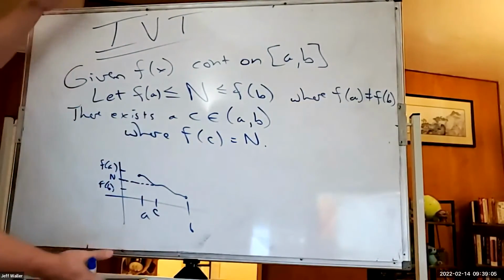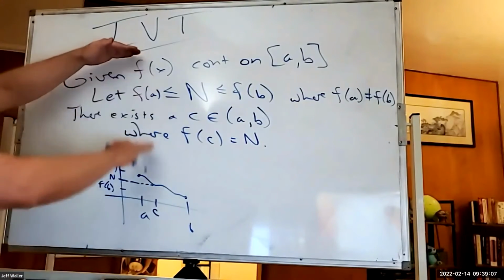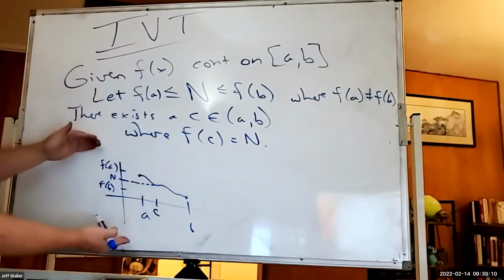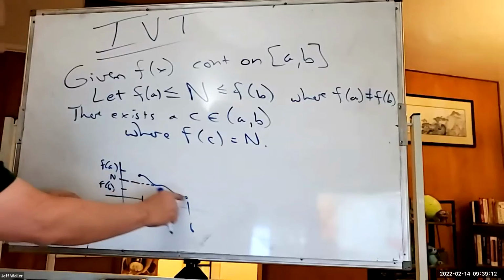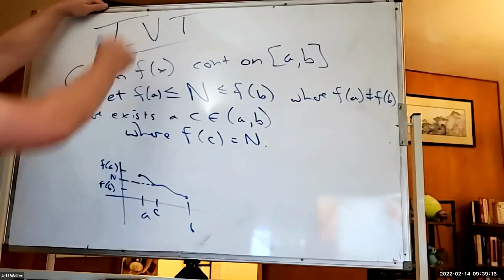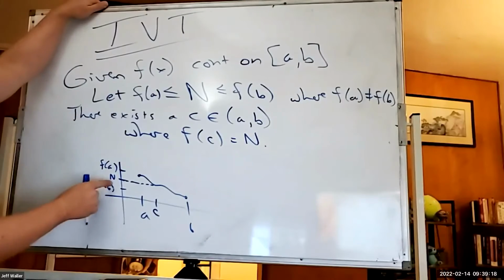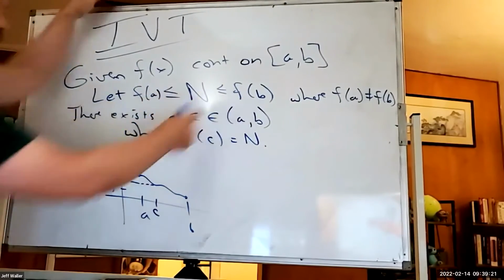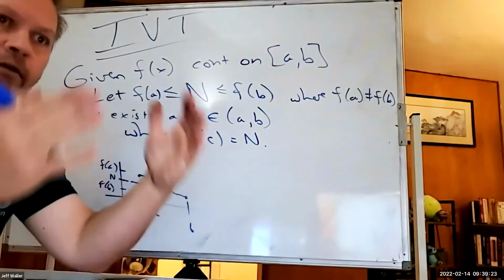This is a little technical and confusing, but all it's saying is it's got to go through every value between. It takes on every intermediate value between this output and that output. That's why it's called the intermediate value theorem.